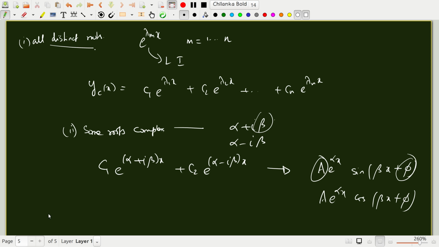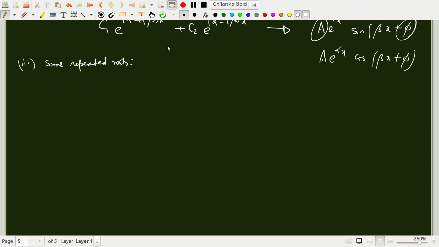If some roots are repeated, let's say lambda_1 occurs k times, where k is greater than 1, then we will not have n linearly independent solutions because some of the lambdas are the same.